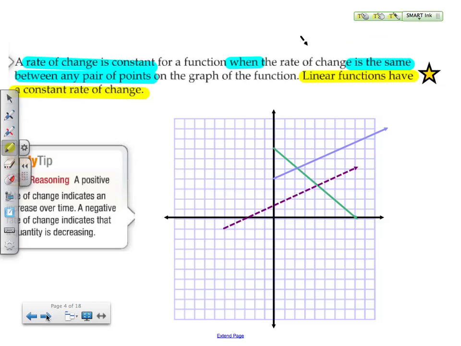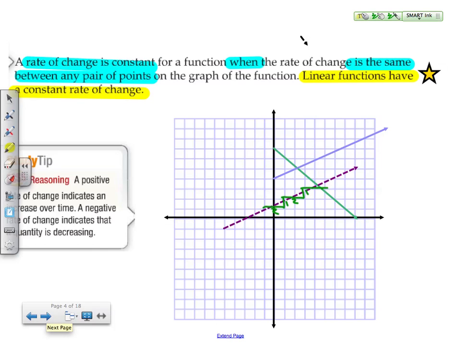Okay, so this is my point that I wanted to make on that last slide, right here, in yellow. Linear functions have a constant rate of change. So the rate of change on this purple dashed line is, if I go over 2, I go up 1.